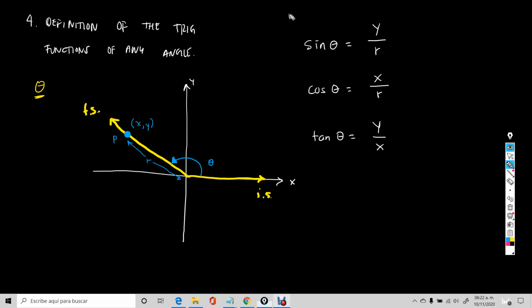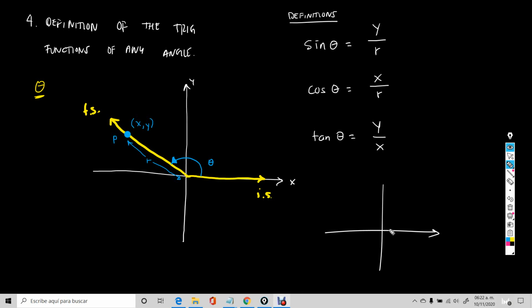These are the definitions, guys. These are the definitions of the trigonometric functions of any angle. If you want to find the trigonometric functions of any angle, just draw the angle. I'm going to do it one more time. Let's suppose that you want to find the trigonometric functions of 210 degrees.